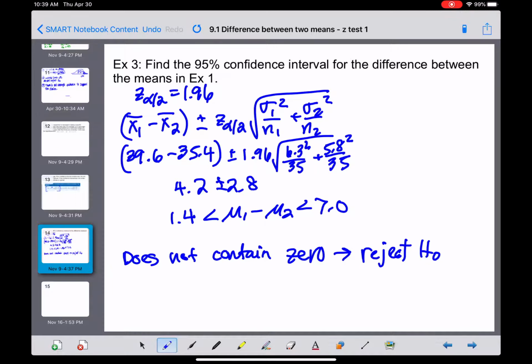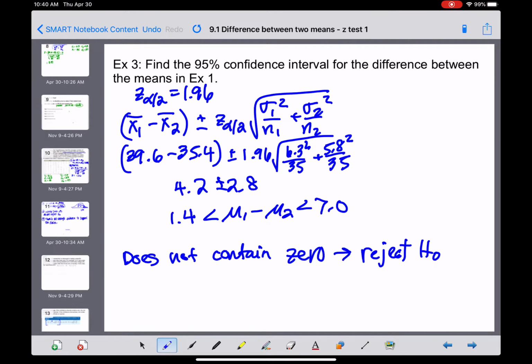Because this is our 95% confidence interval, we're 95% confident that the true difference, mu1 minus mu2, lies in there. If we're 95% confident that it's in there, 0 is not. So we're 95% confident that it's not the H naught, and that we have evidence to support the claim.